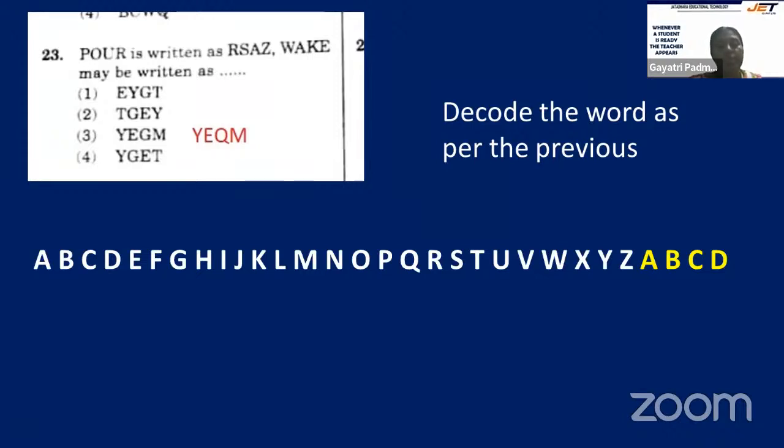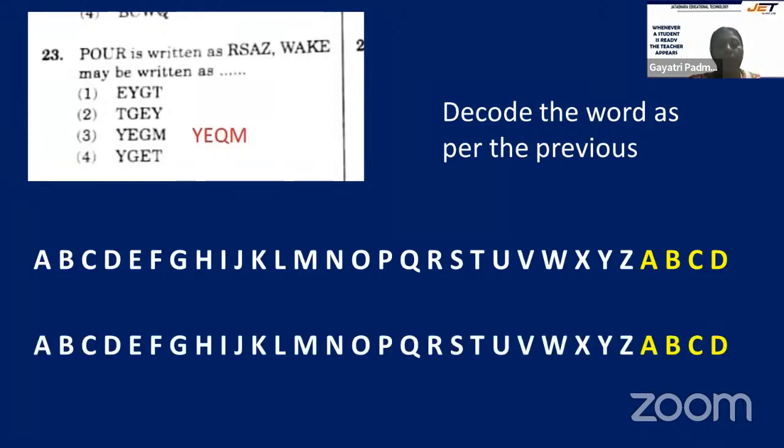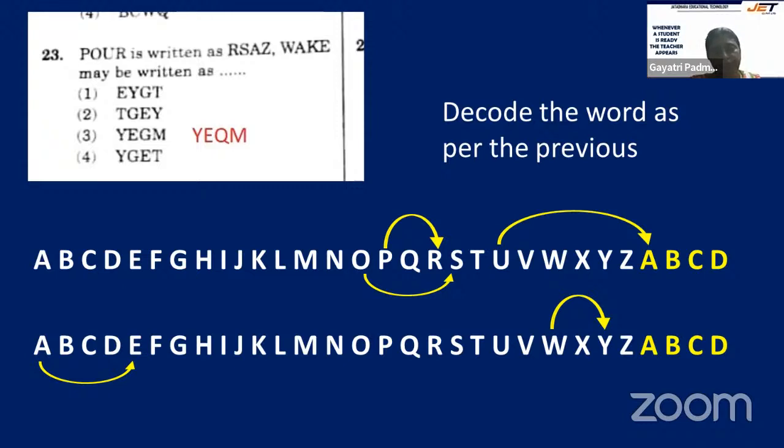You have A till Z. Next A till Z, and we are writing ABCD. So here P is written as R. So there's one letter difference, right? So W can be written as Y, with the one letter difference. Next, O is written as S. So you have three letter difference. Therefore, A can be written as E with three letters difference. Next, you have U, which is written as A. So the difference is 1, 2, 3, 4, 5.